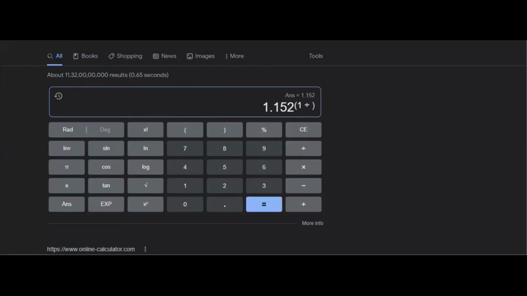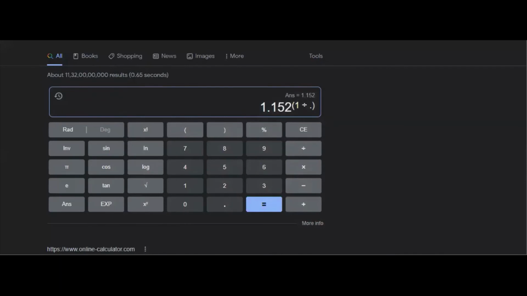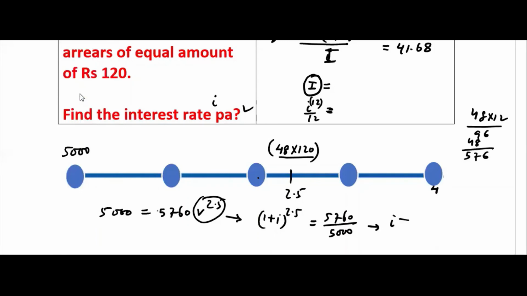1 divided by 2.5. Okay, this power you have to find. Then minus 1, 5.8232. This is I, 5.8232. Suppose this one. You have to find capital I, okay, which is equal to I12 by 12.